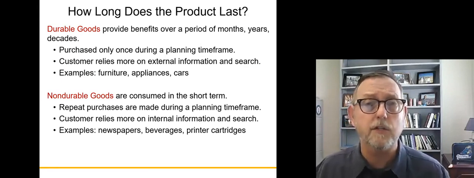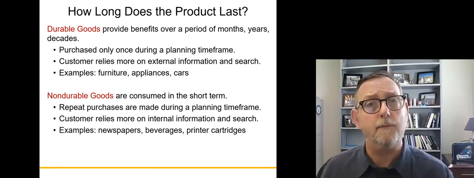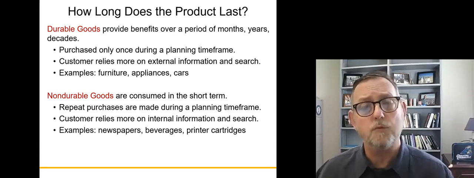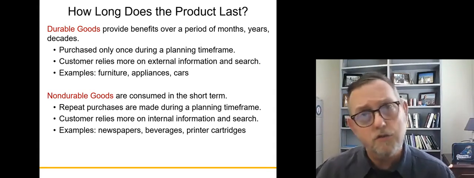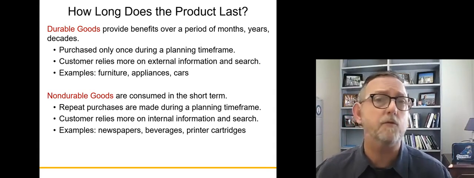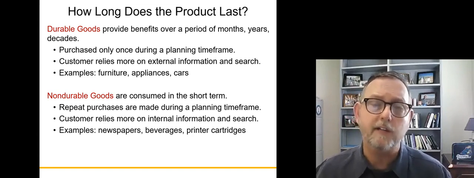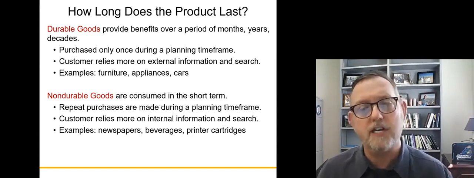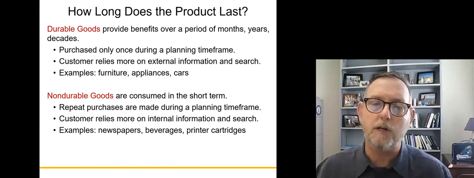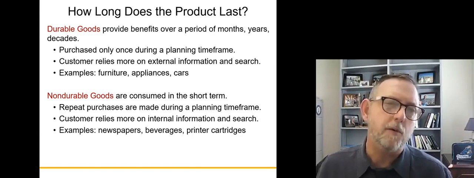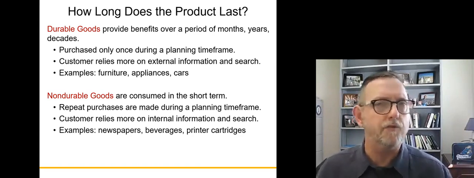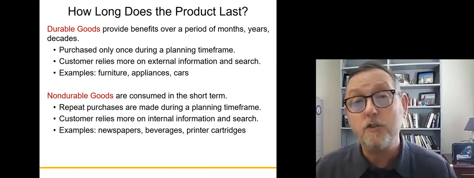Second category would be non-durable goods. Non-durable goods are ones that are used up on a regular basis, which means that they're consumed or used and have to be replaced on a fairly regular basis. So repeat purchase items, ones where you remember your purchase better because it's a more frequent purchase.